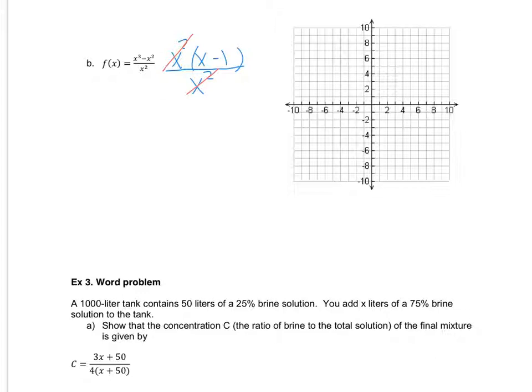So where I would have had a vertical asymptote at 0, now I just have a hole. So I do not have any asymptotes, so let's write that down. None.